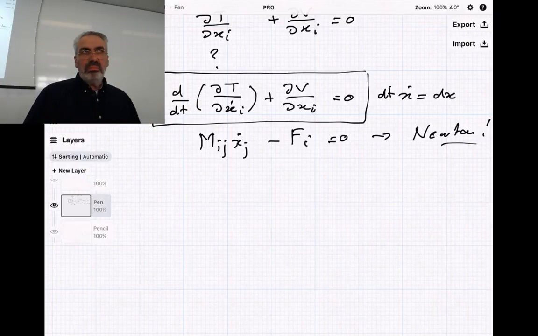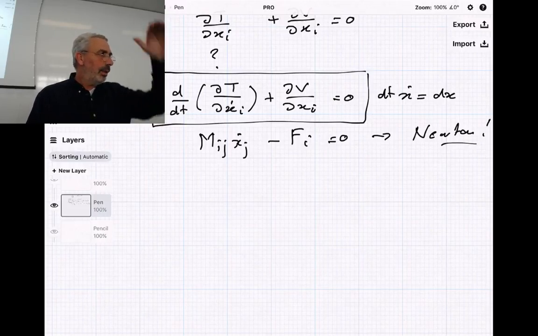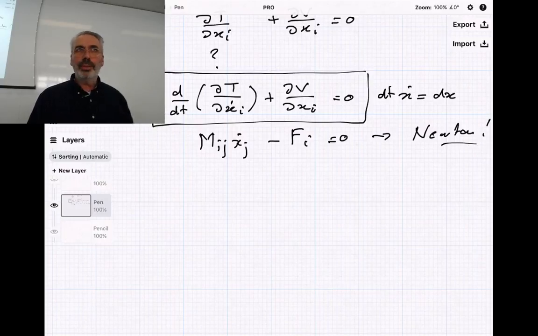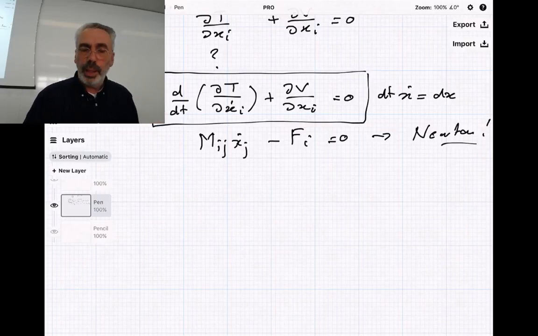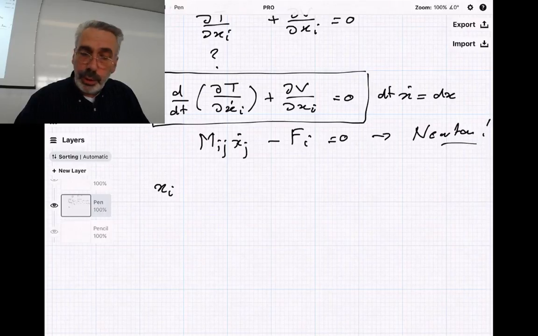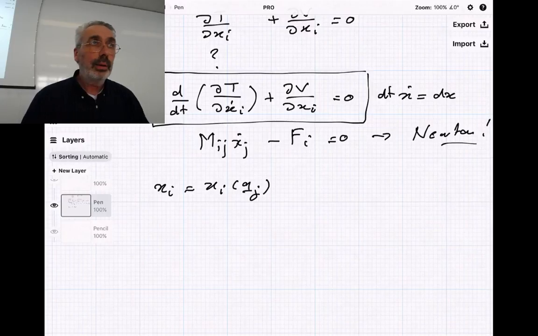Until now, we only went up and down and up and down. It's like you go in an elevator and it's very interesting, but what does that bring us? We want to go somewhere else. So we have these coordinates xi, and we want to write them as functions of generalized coordinates qj.